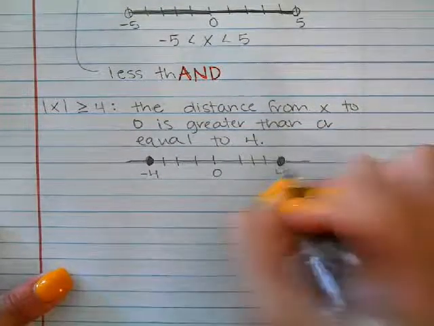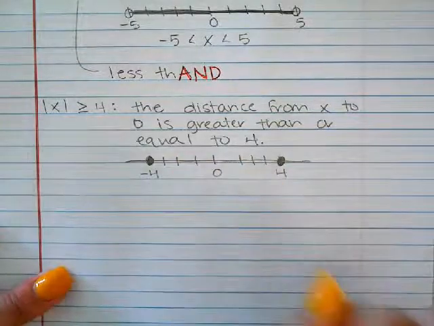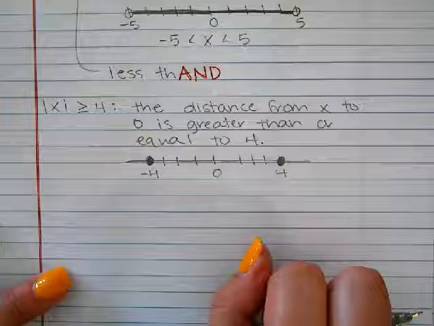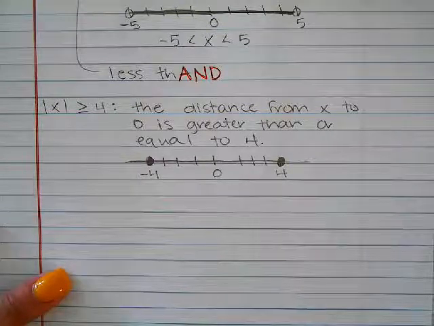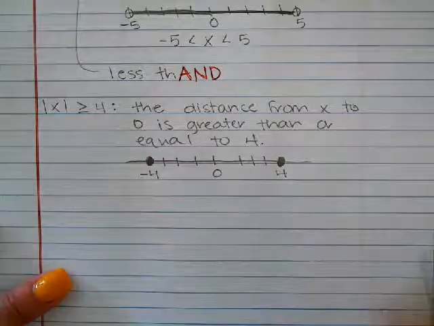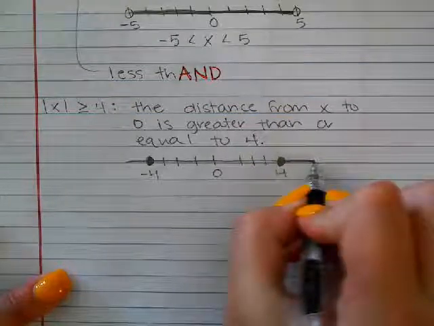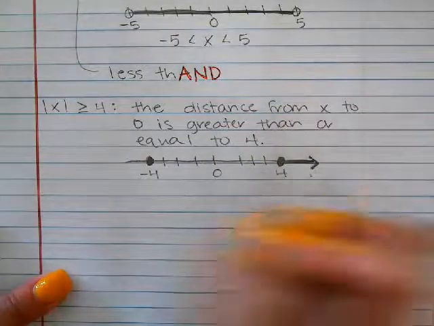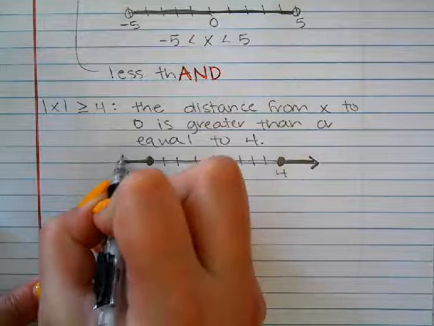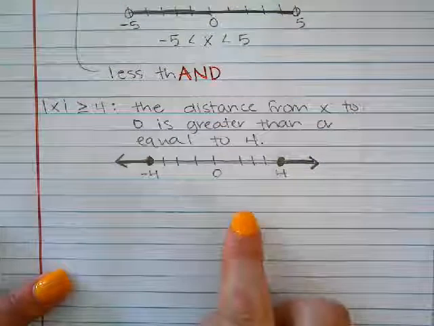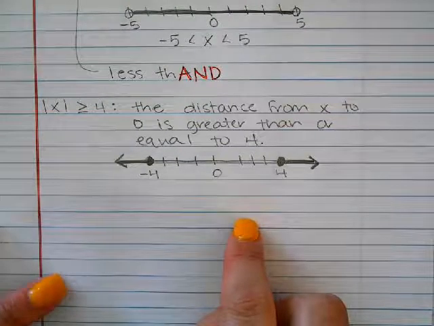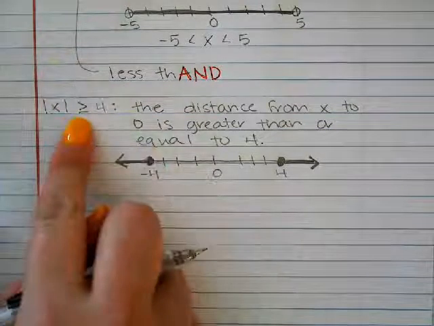Should I be shading in between the numbers? No, the distance has to be more than 4. So the shading has to go opposite directions. It has to be the numbers that are a distance greater than 4 away from 0. Okay? Now, when we say this symbol, how do we say it out loud?